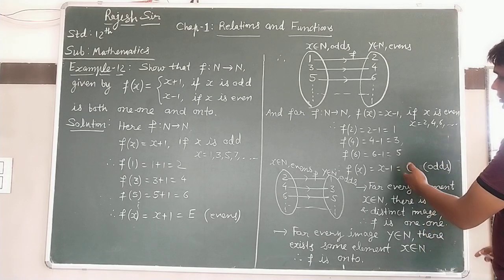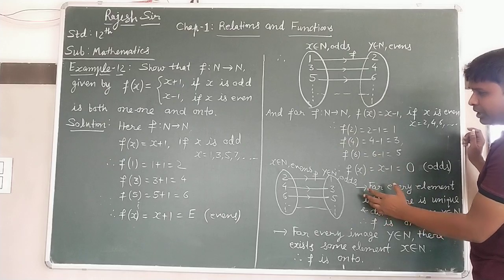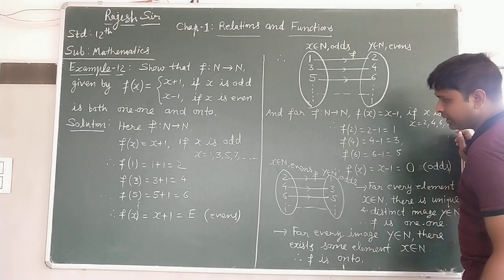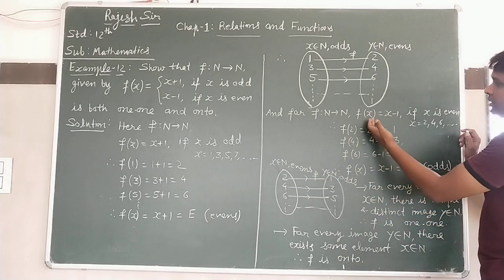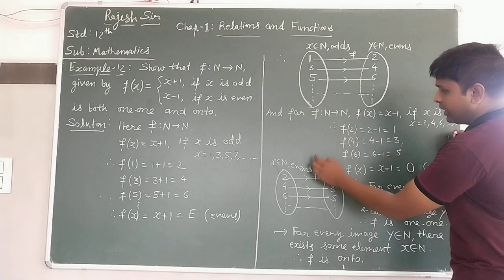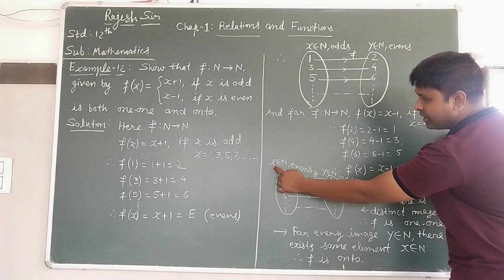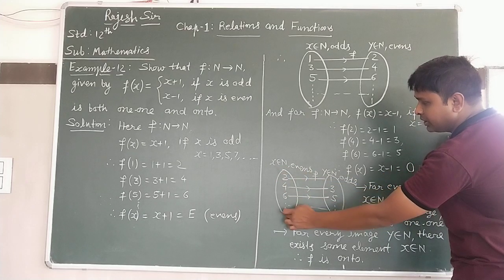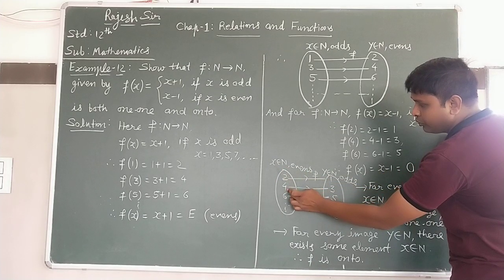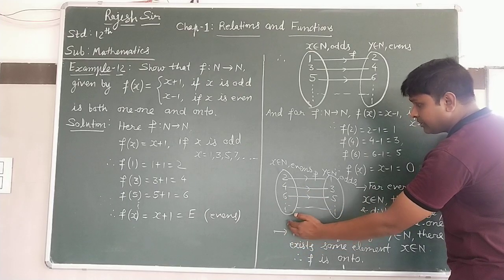For this second part also, we draw the figure in this way. Here all the elements of the domain are evens, so the domain elements x belong to N, evens 2, 4, 6 and so on, all even numbers.